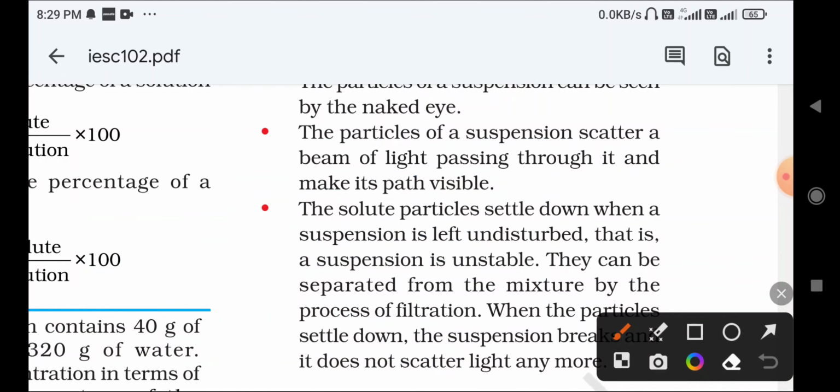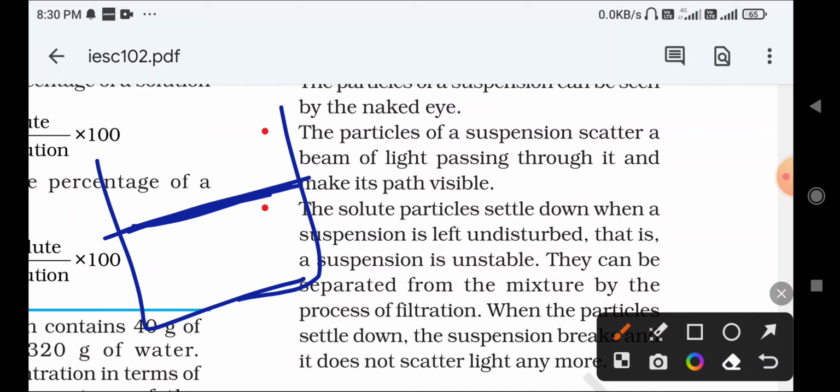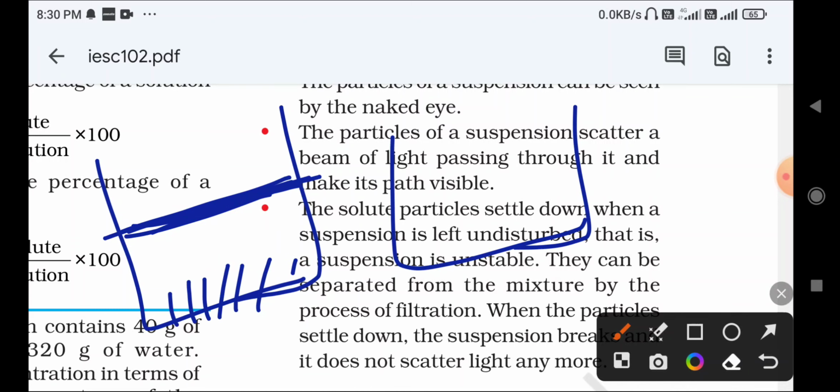And the fourth point: the solute particles settle down when the suspension is left undisturbed, that is, a suspension is unstable. When the particles are suspended at the surface of the solution and we leave this solution undisturbed for some time, these suspended particles will settle down at the bottom. Earlier they were here, but after a certain time they settle down at the bottom of the container.